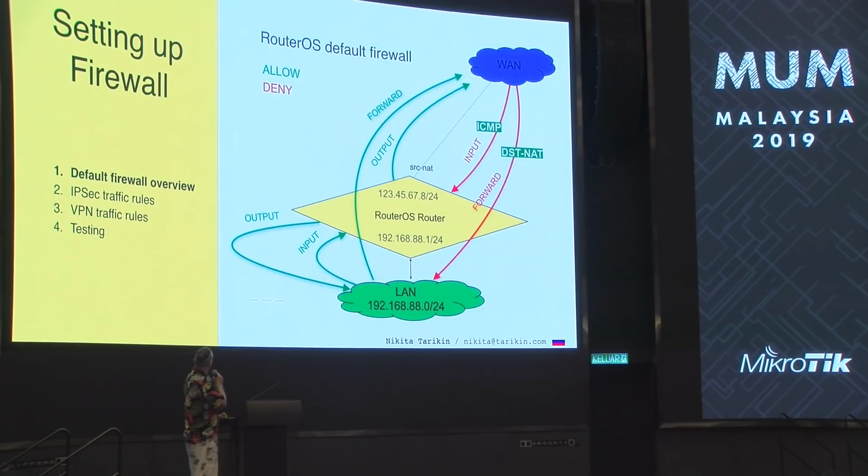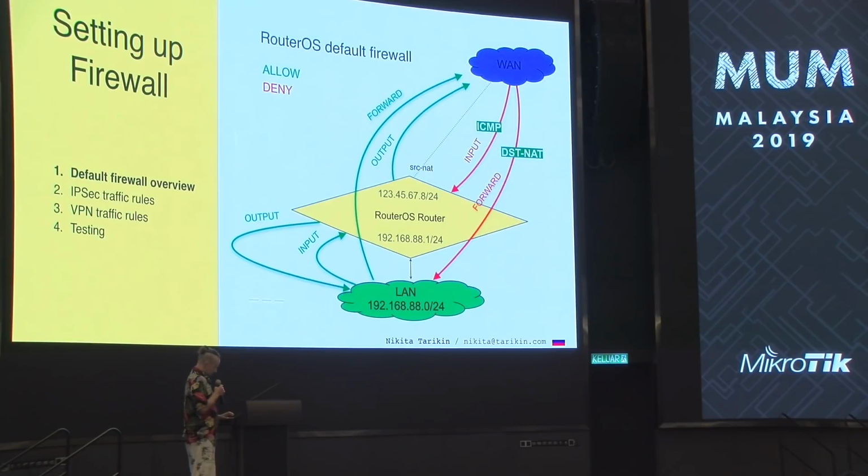So that's how it looks like totally with all exceptions. That's very important to understand before you start setting up the IPsec firewall, how your router handles incoming, outgoing and forward connections.